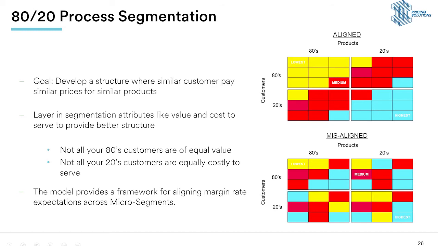What's the reality that we find when we do this? It's a mess. You can see in this picture, in the bottom right, we've got all sorts of yellow in quad 4.